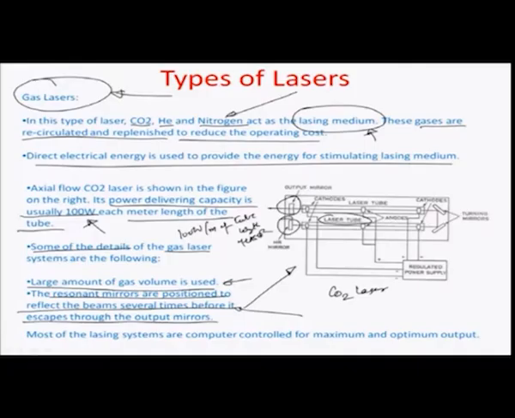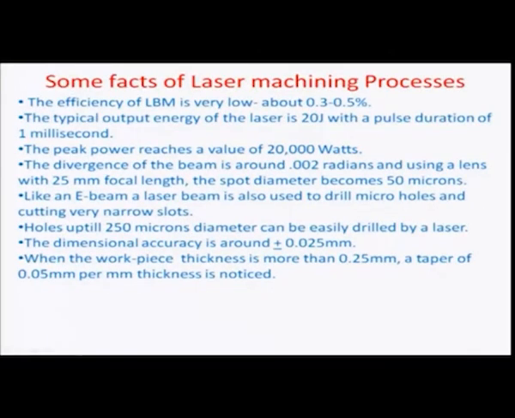So, most of the lasing systems are kind of computer controlled these days, and they are designed for their optimum output. So, that is what fundamentally a lasing system would do, whether it is a solid state or a gas laser. So, having understood the fundamentals of how lasing happens, let us actually look into some of the facts based on the machining processes of these laser systems.